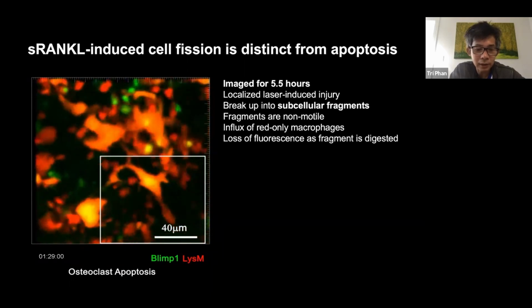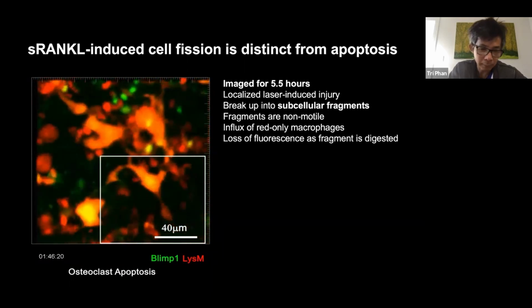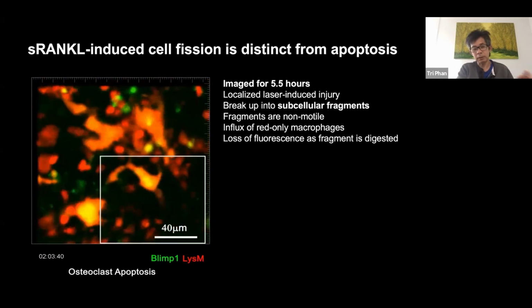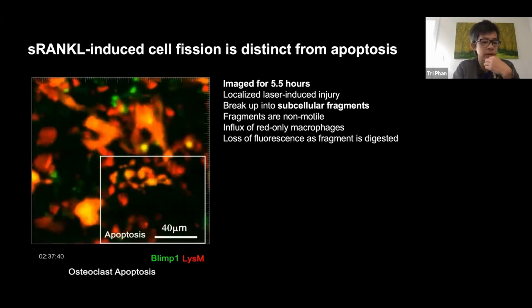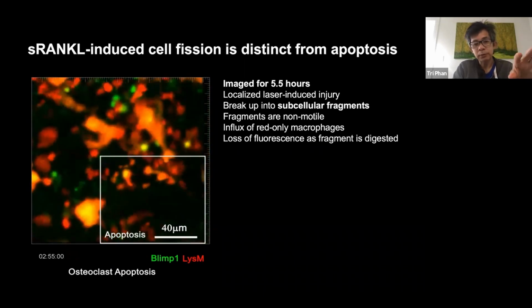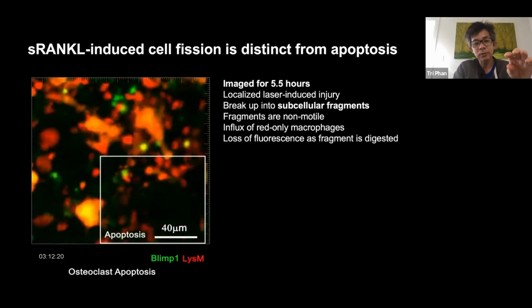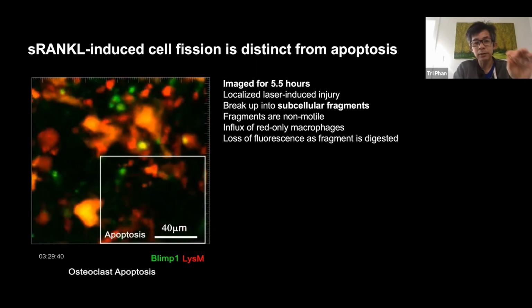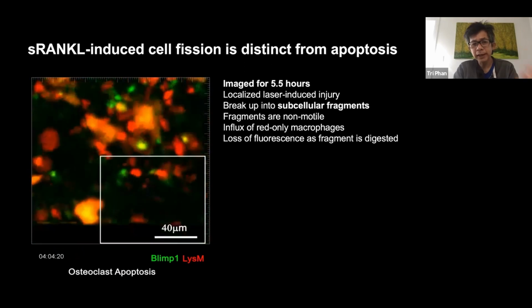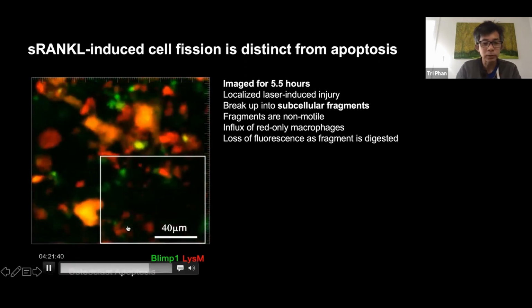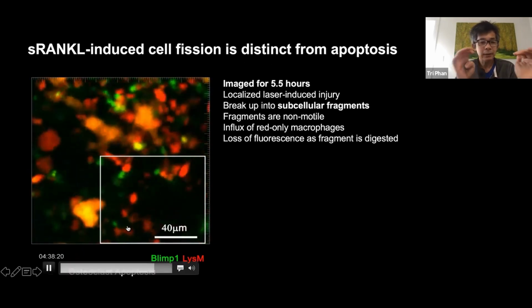And so we decided, okay, we need to actually induce apoptosis to see what it looks like and compare it to what we were seeing with the fission. The way we induced apoptosis was to use the near-infrared laser to irradiate the cells and essentially give it a burst of lethal irradiation. And when you do that, hopefully the movie will loop, you'll see that now it's completely different.